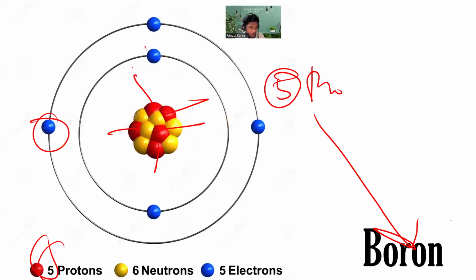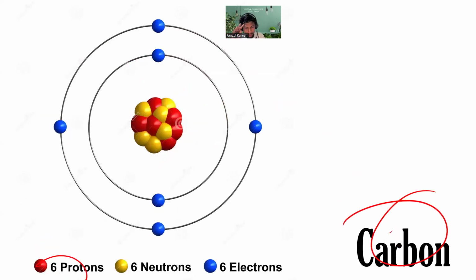That means they have 5 electrons. But I didn't mention the electron as a unique number. Did I say like that? No. I said number of protons and number of electrons are equal. But I didn't say that the number of electrons is a unique value. But I said number of protons is a unique value, a significant value for each and every atom.